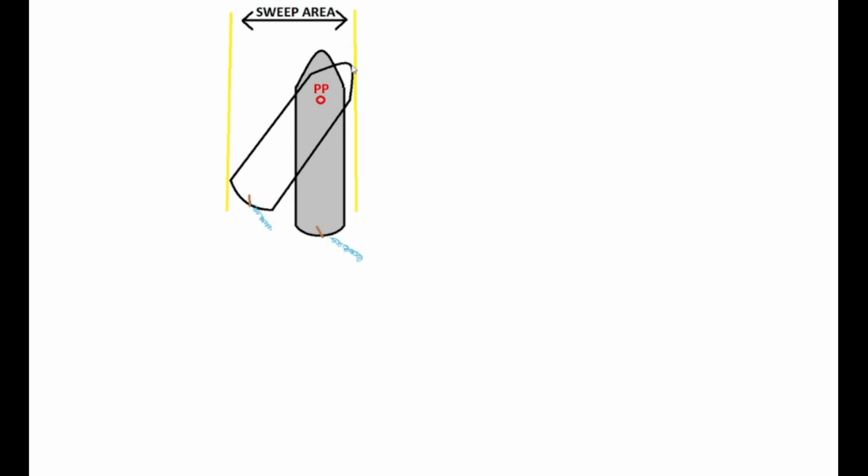And this whole angle here is called the sweep area. We also see this sweep area when a ship is trying to sail against a current or in the wind, and the ship is almost crabbing. It's moving sideways, and it takes up a large sort of area.